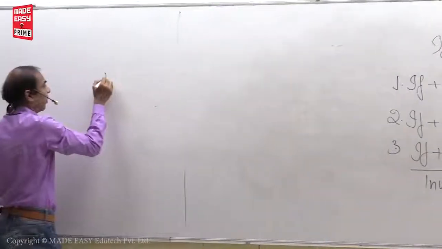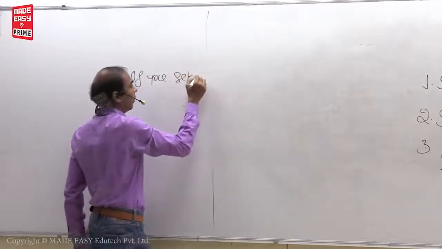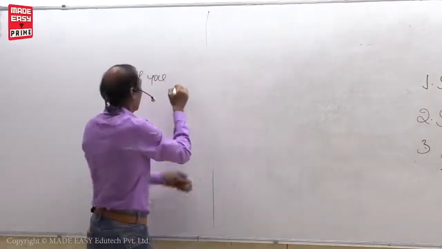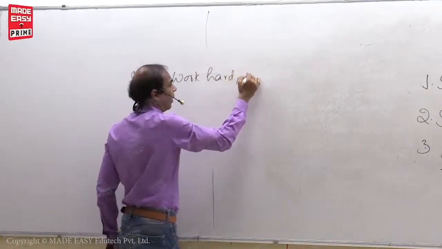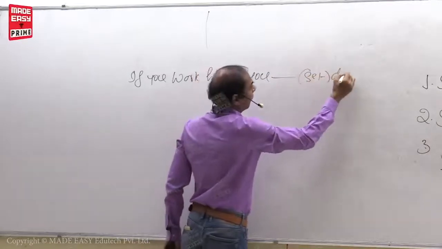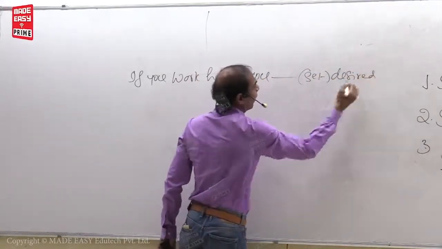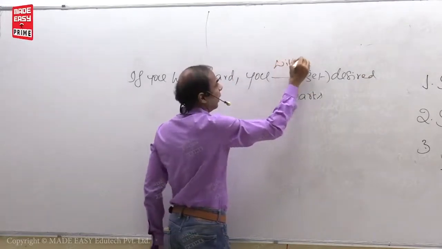Sometimes he will give like this. Suppose if you work hard, okay, you dash get desired marks. You will get. Why?